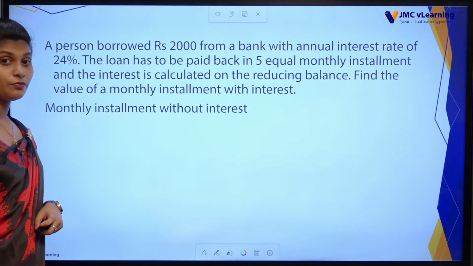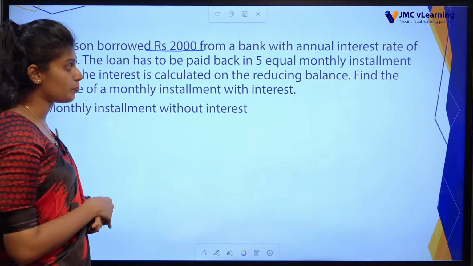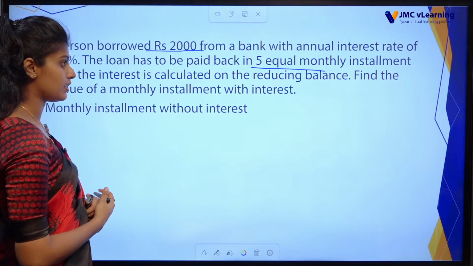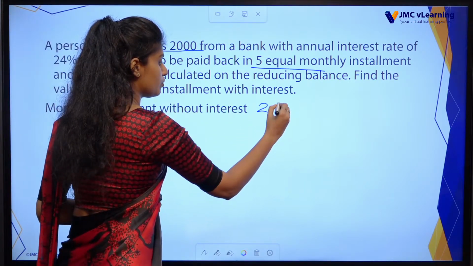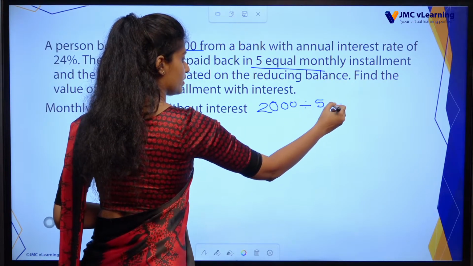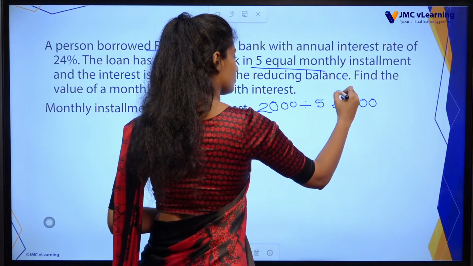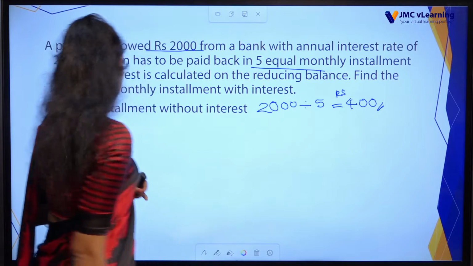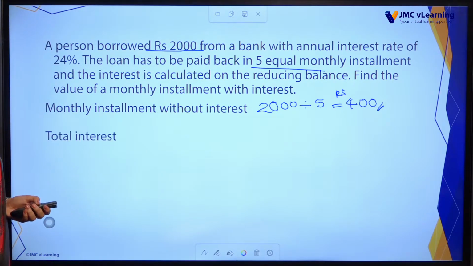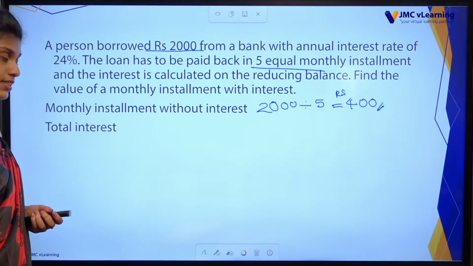Monthly installment without interest. He borrowed 2000 rupees, pay 5 equal monthly installments. So, 2000 rupees divided by 5 is equal to 400. This is the monthly installment without interest. The next one is total interest.